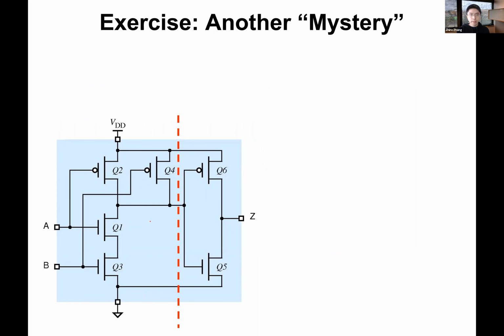Okay, so one last exercise before we go. This is just to convince you guys that a NAND gate is indeed interesting. What is this? Any guess? First, what is on the right-hand side of the red line?